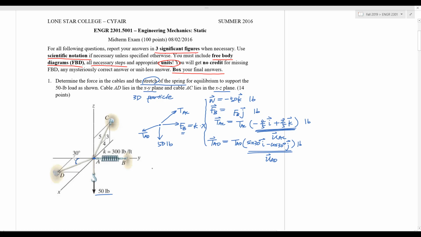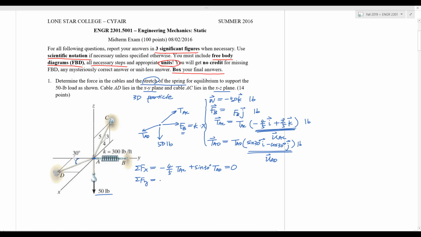And that translates to three scalar equations. We have along the x direction, resultant force along the x direction. We don't have anything from the first two forces, but from the third we have negative 4/5 TAC, and from the last one, we have sine 30 degrees TAD, and that equals 0. Along the y direction, nothing from the first force.